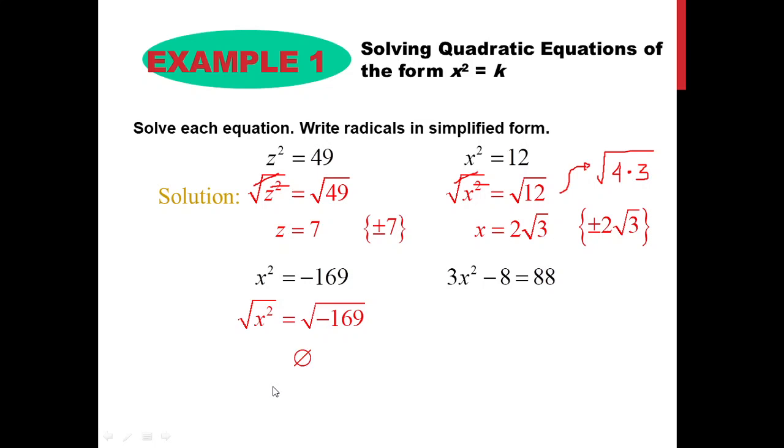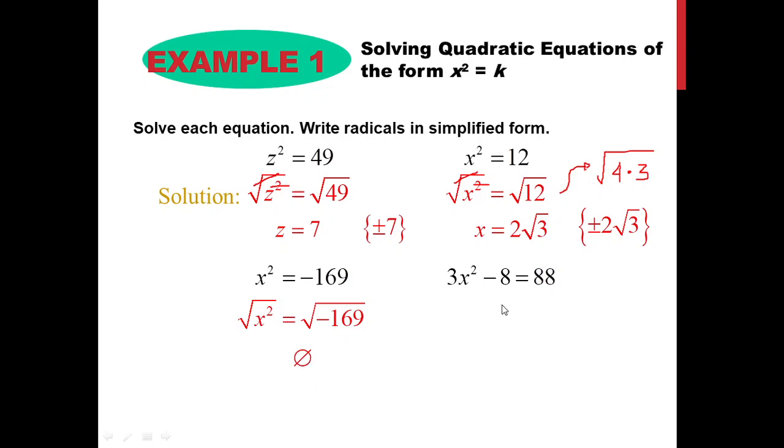Now, since on this side you have a negative number inside the radical sign, in your calculator, sometimes it will give you an i or an imaginary value, or simply null or no root. Again, if the value inside your radical sign is a negative number, there's no real root.